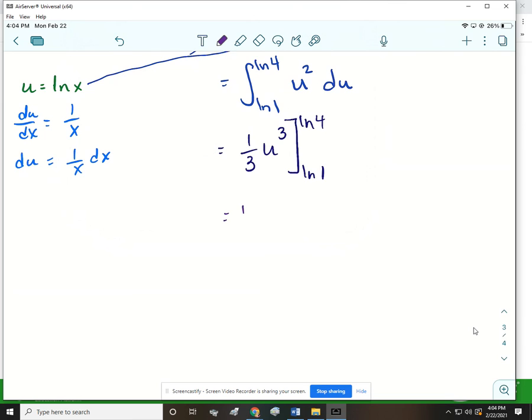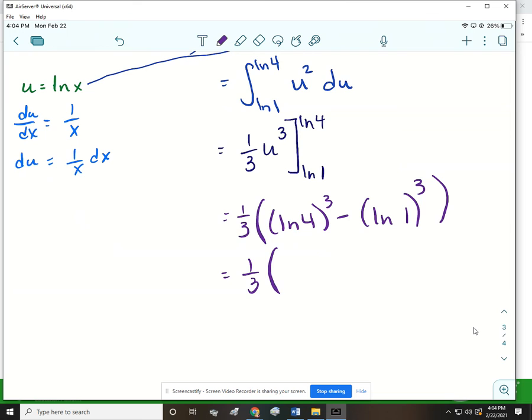So that 1/3 I'm just going to let hang out in the front. And then I'll plug in the natural log of 4 minus, and then I'll plug in the natural log of 1. Now, the natural log of 4, we don't have the ability to figure that out in our heads.